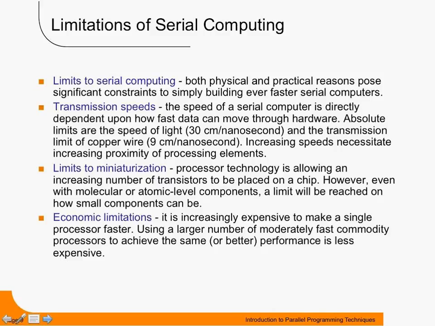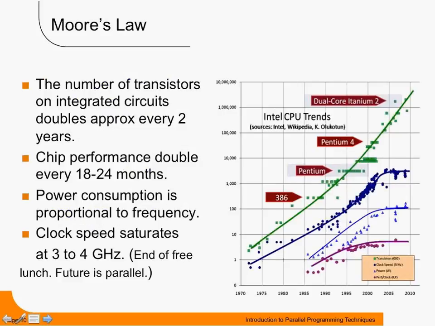Now the limitations of serial computing. Actually, I have to go to the next slide, that is Moore's law. It is important to think about the number of transistors available on the chip and how the frequency increases for the core unit on the chip.